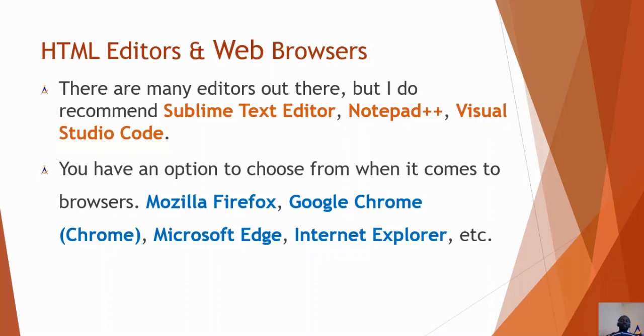So you can choose between Microsoft Edge and Mozilla Firefox. In my case, I use Mozilla Firefox as my default web browser and Sublime Text as my default text editor in my development journey. So you can choose. The download links are in the video description, so you can scroll to the video description to download that software.